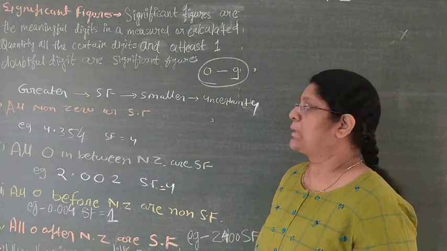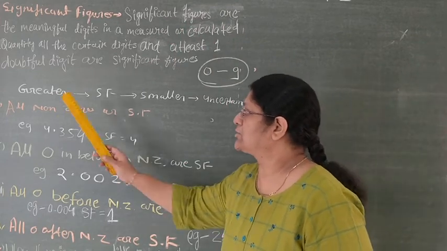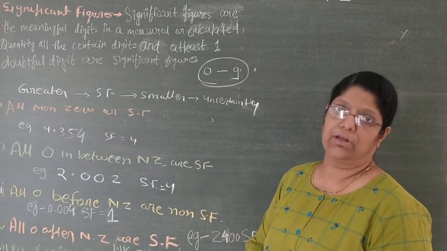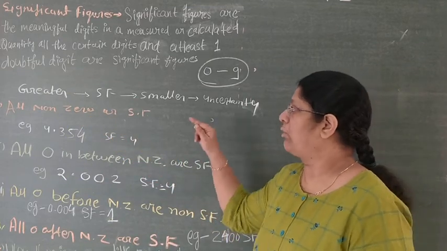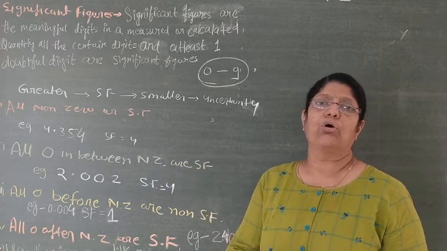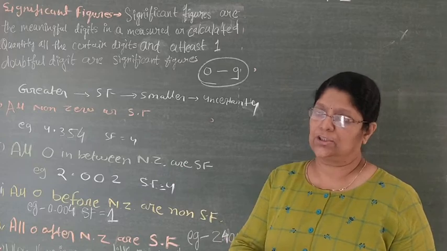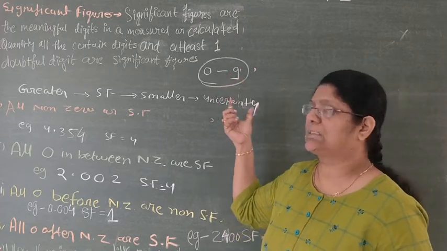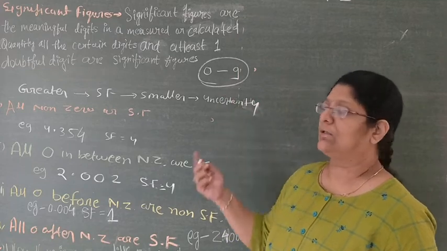The rules of significant figures. The first rule: all non-zeros are significant figures. Non-zero means those digits which are not zero, those which come between 1 to 9. The digits coming between 1 to 9 are the non-zero digits.